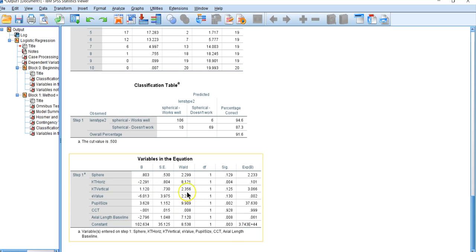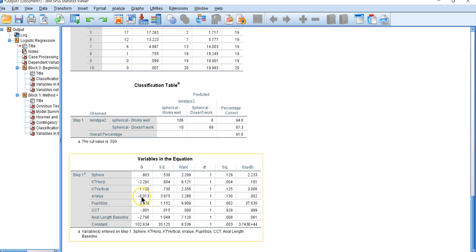Notice that's positive, but it's not significant. What do we know about these two? They're probably highly correlated with each other. So the horizontal one in this particular situation of variables is winning all the variance, and this is stealing it from the vertical. So vertical was not significant. If we dropped horizontal, we would probably get a negative value with vertical.